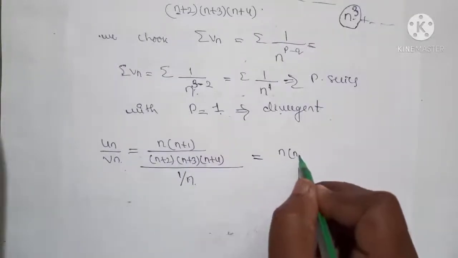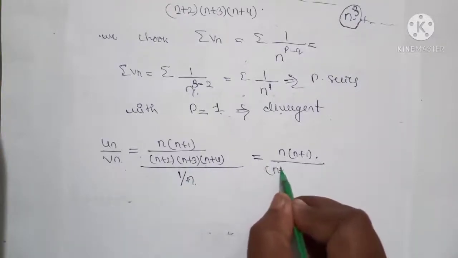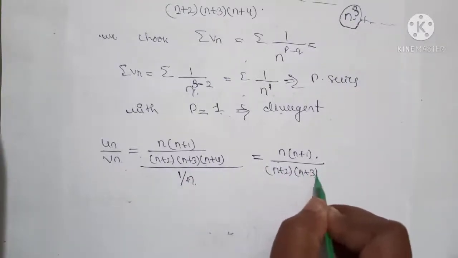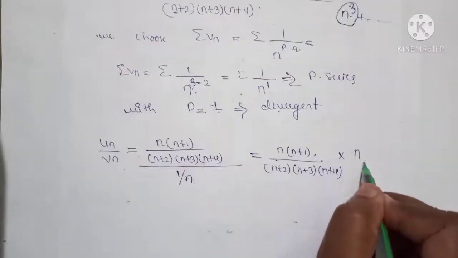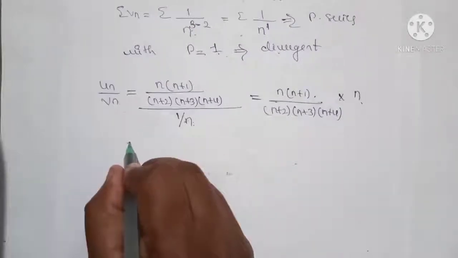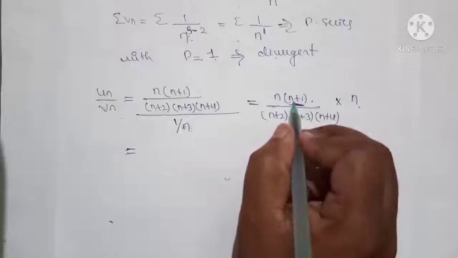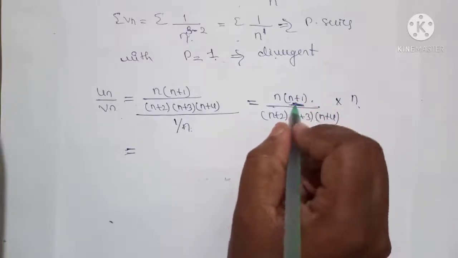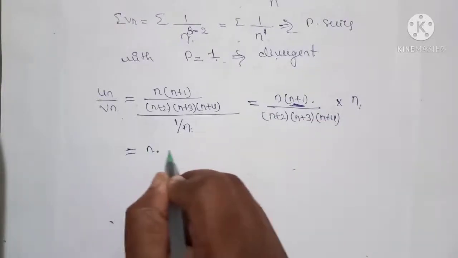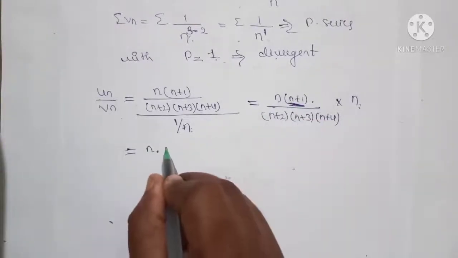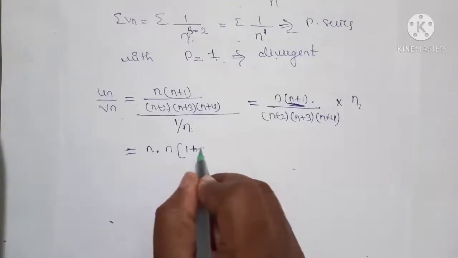Writing this, n plus 1 into n plus 2, n plus 3, n plus 4. Here we have brackets, so wherever you get a bracket, you should take n common from it. From this bracket we take n common, you will get n into 1 plus 1 divided by n.